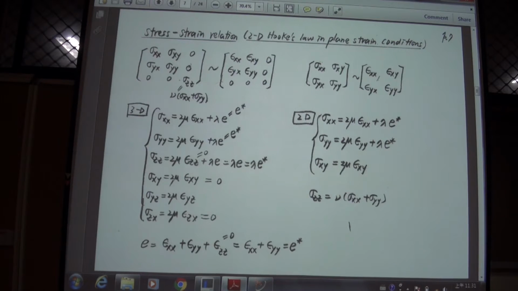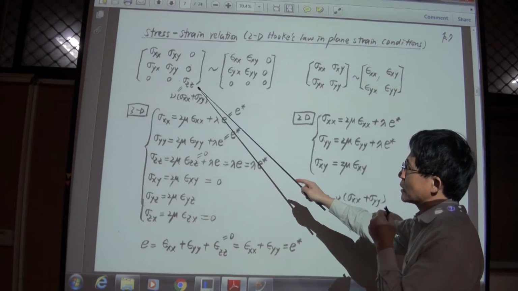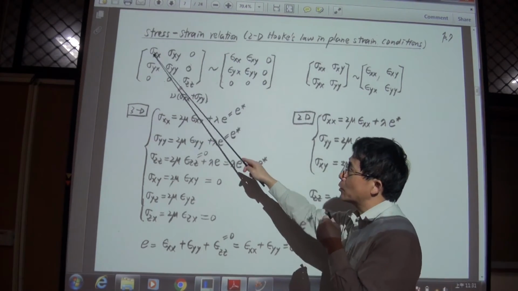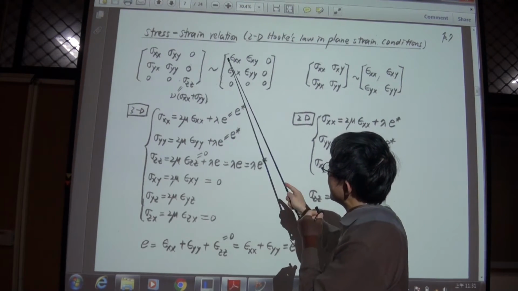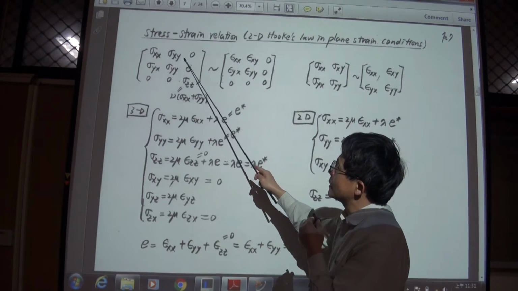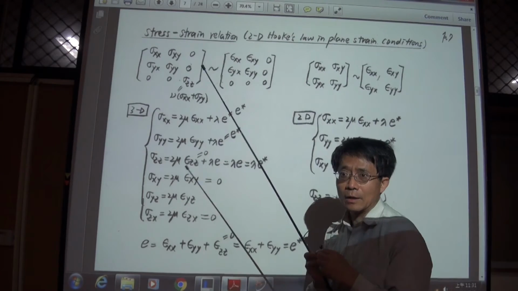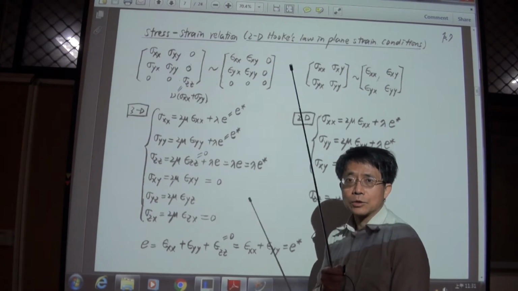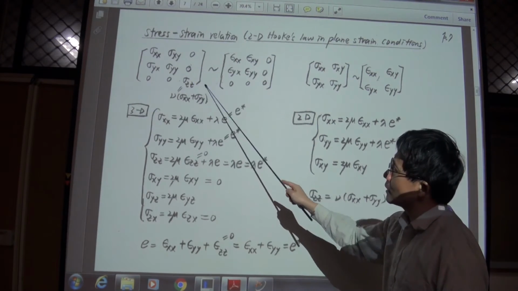In fact, it looks like a 3 by 3 matrix, but in fact it is a 2 by 2 matrix, right? So we want to relate this small matrix and this small matrix to get a 2-dimensional stress-strain relation. Okay, we don't worry about this one.